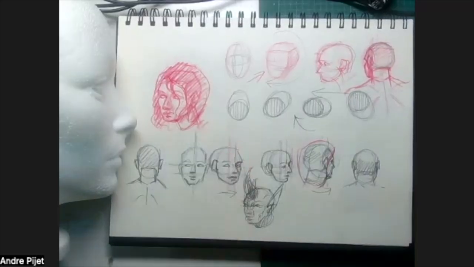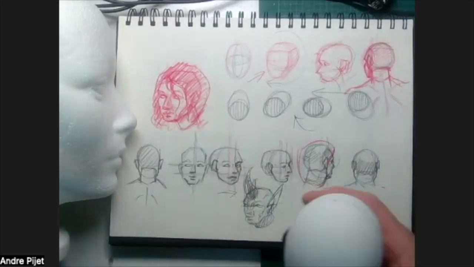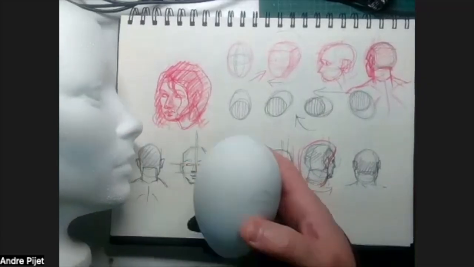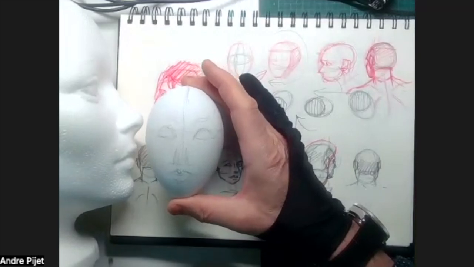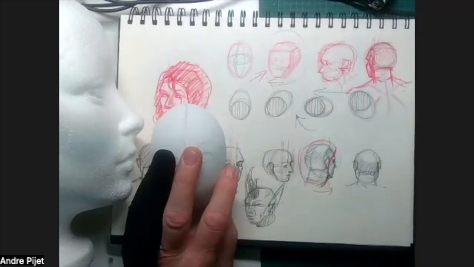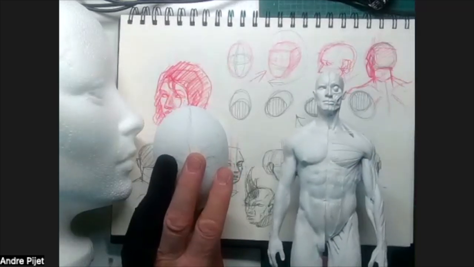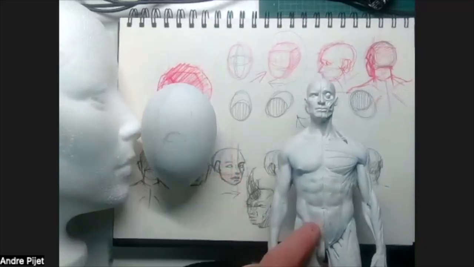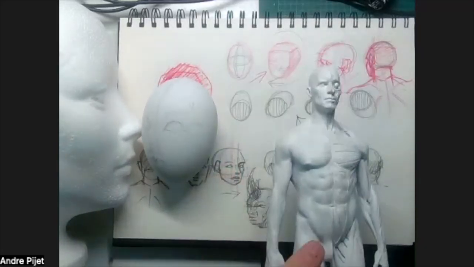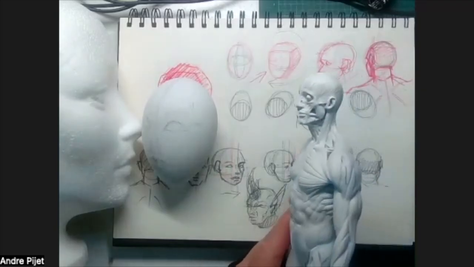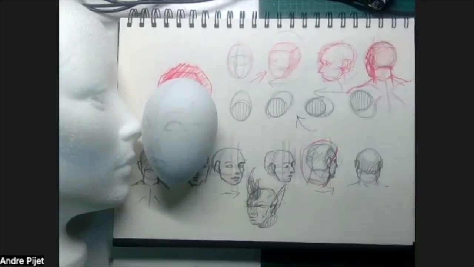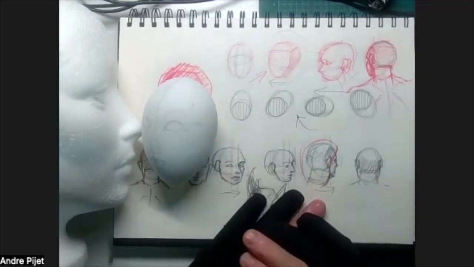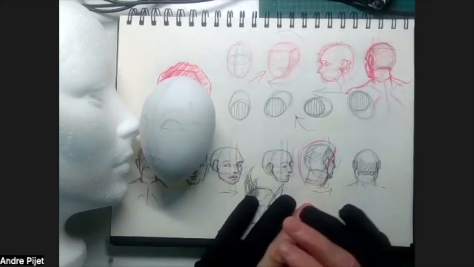And ideally, have either a head like this or compose one yourself from the egg, or if you are a commercial artist heading in that direction, it is worth it to spend money on this kind of figure because you get plenty of information you can learn from observation actually. And after, you can implement this in imagination.